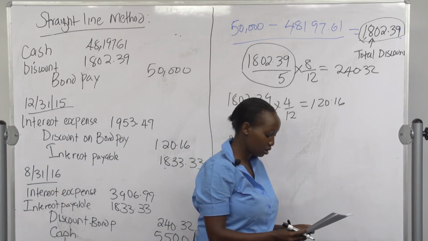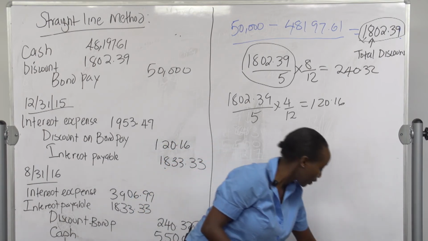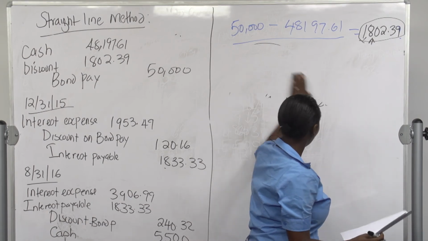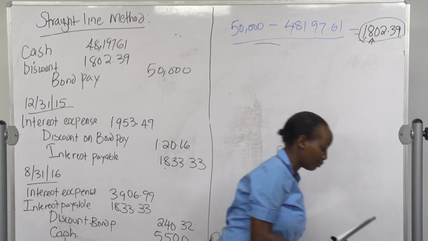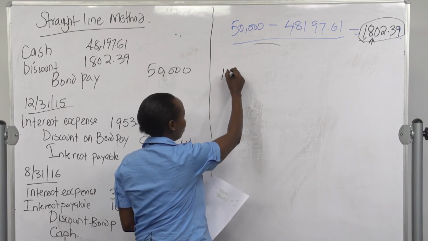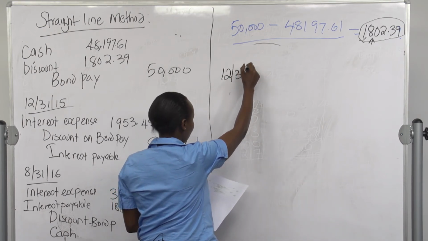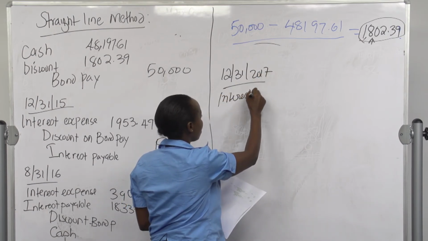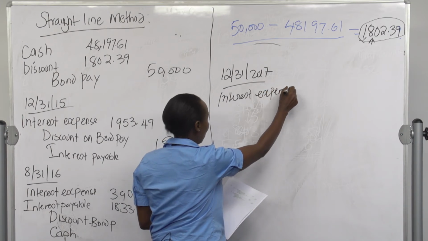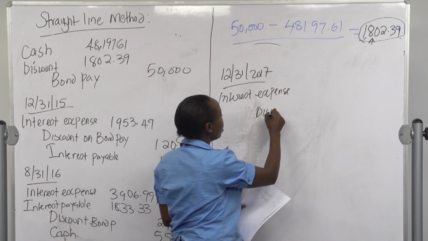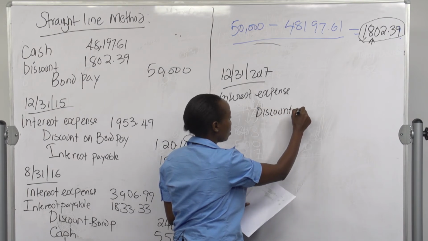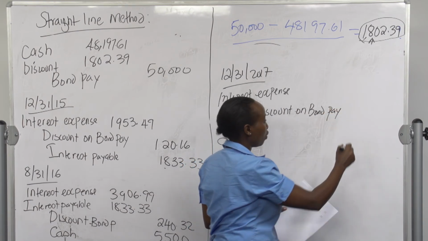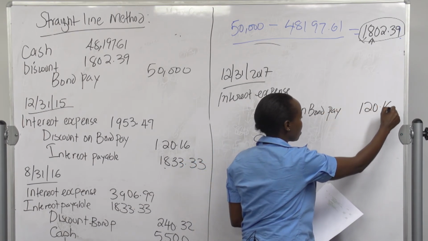Continuing on, we are finished with August 2016. Let's move on to 2017. Again, it repeats. Since it's straight line, we don't have much of any change here. On 12/31/2017, we are going to again have an interest expense, and this is a derived number. We have the discount amortization, discount on bond payable, and that is $120.16.